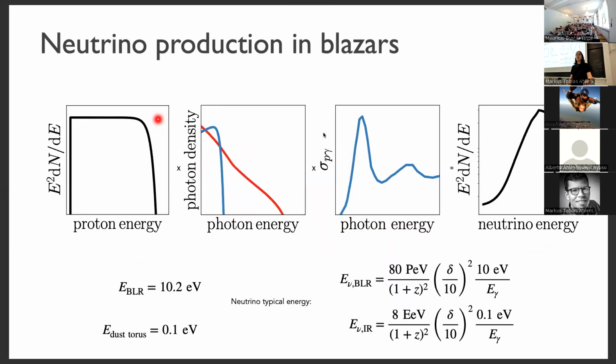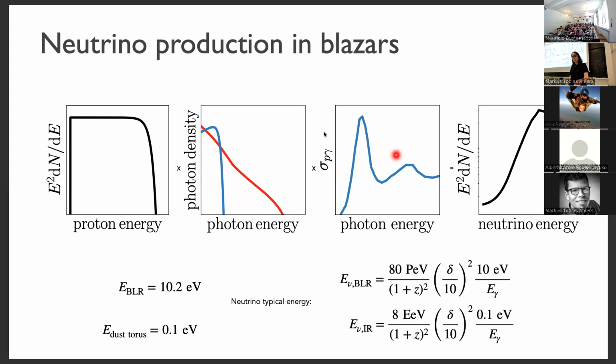So there are way more low energy photons than there are high energy photons. And this determines the shape of the neutrino spectrum, because only the high energy protons have access to these very numerous low energy photons. Otherwise they're not yet at the threshold for pion production.